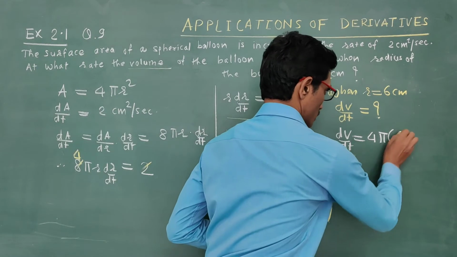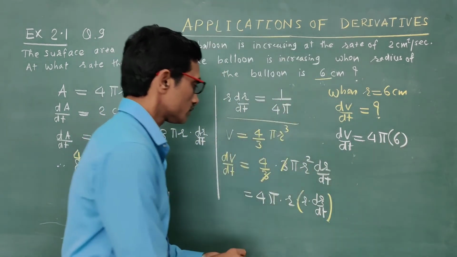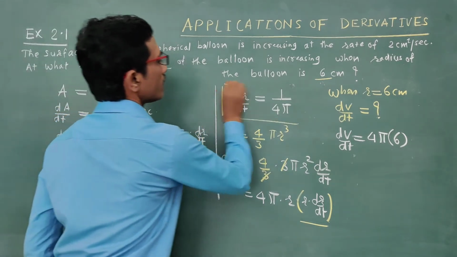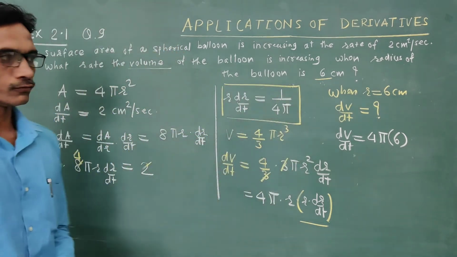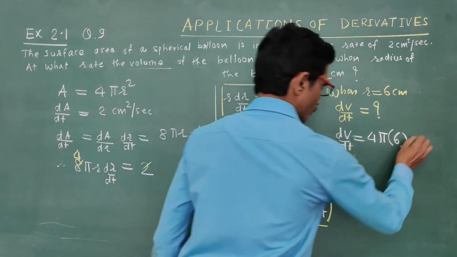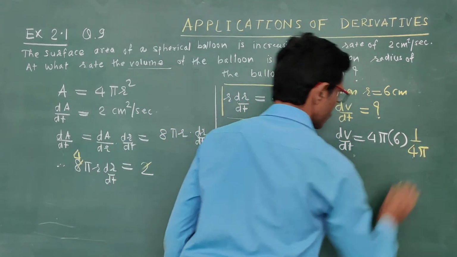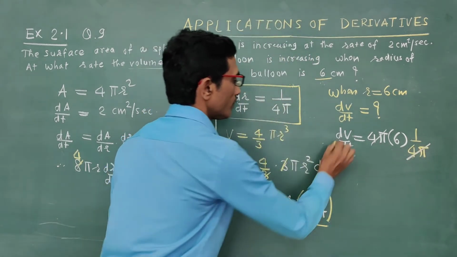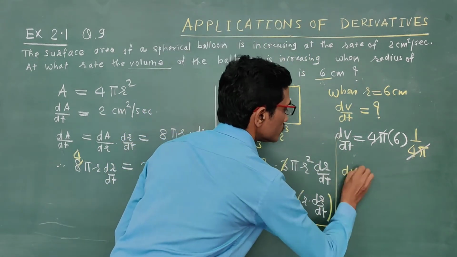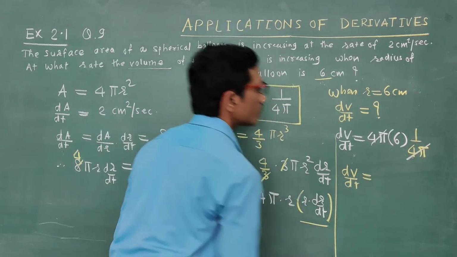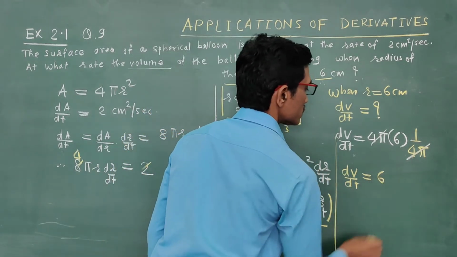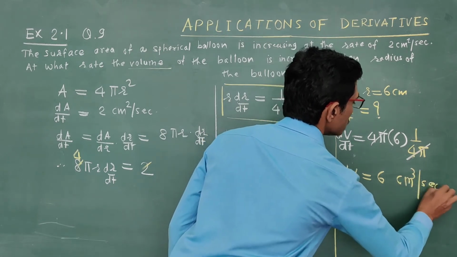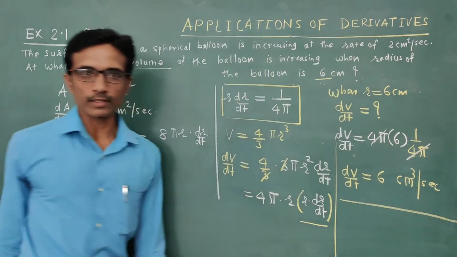6. So it is 6, and r into dr by dt, from here we are getting, is equal to 1 upon 4 pi. So into 1 upon 4 pi, this 4 pi is getting cancelled, and we are getting dV by dt is equal to 6 cubic centimeter per second.